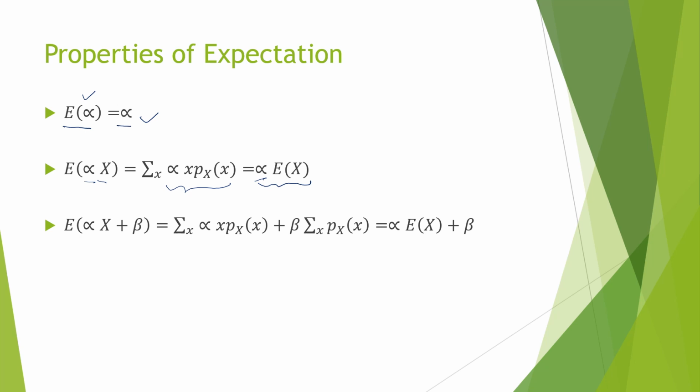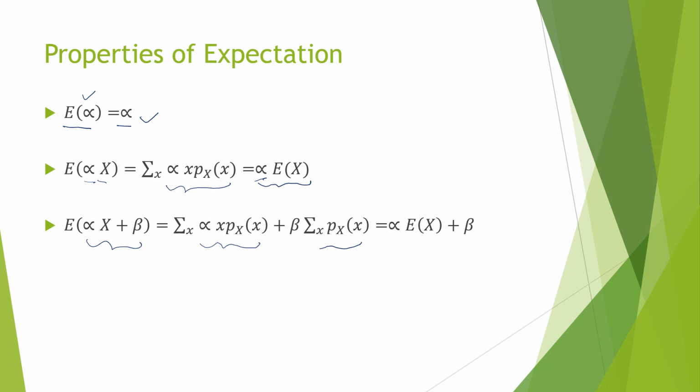Thirdly, consider the mean value of alpha x plus beta, which means you are adding beta to alpha x. Then what happens? Again, you expand this equation. We have alpha x p_X(x), and beta is brought out and we can write it as beta into sigma p_X(x).